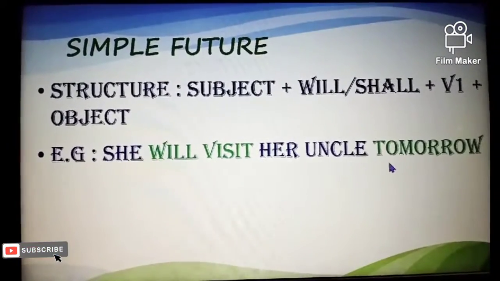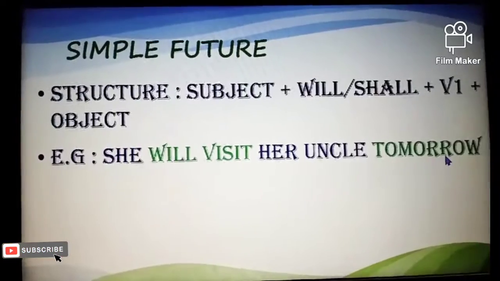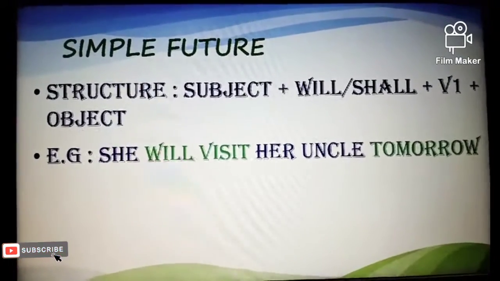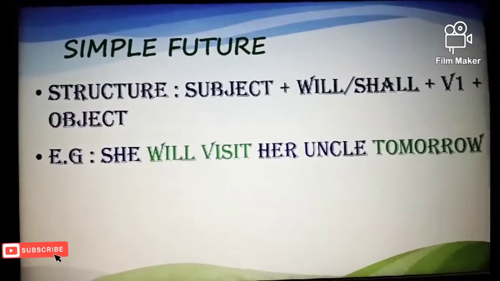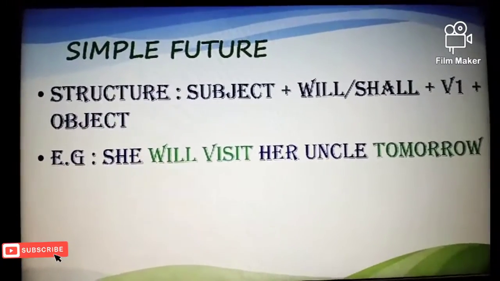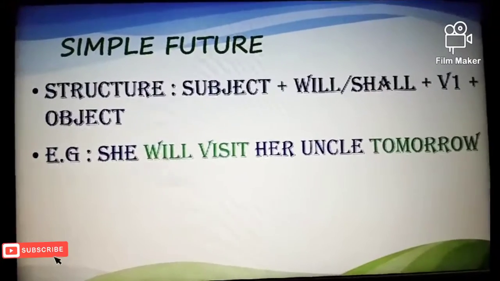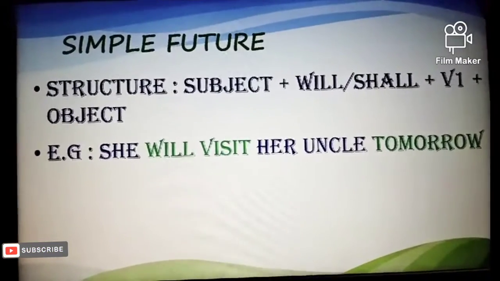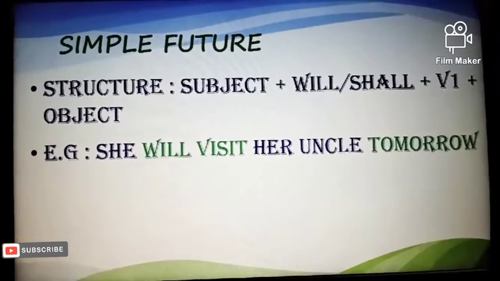But another fact, that is "tomorrow", will definitely let you understand that the action will take place somewhere in the future. That's why the future tense has been used. That is about the simple future tense. Let's take a look at the next one.